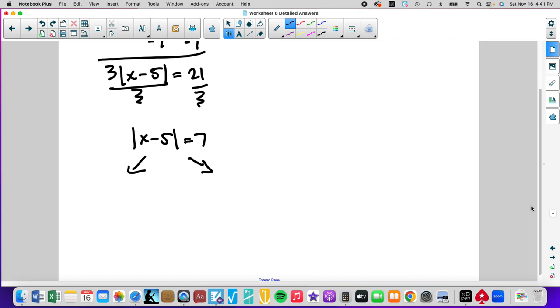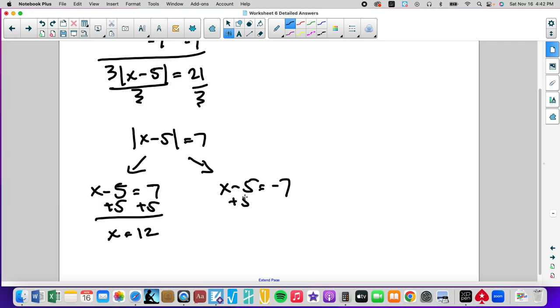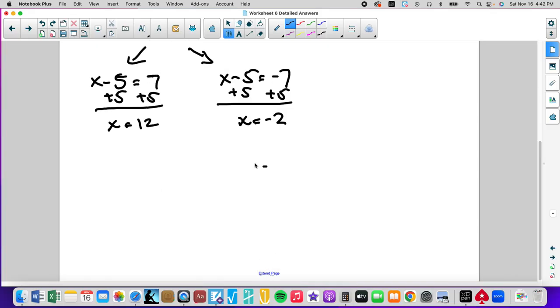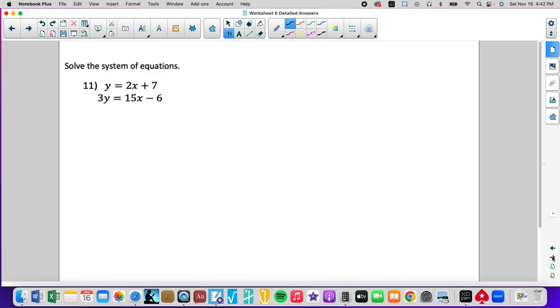Well, what is 7 away from 0? 7 away from 0 is positive 7, and 7 away from 0 is negative 7. So x equals 12, and x equals negative 2. So my solution set is going to be negative 2, 12. Those are my two solutions.